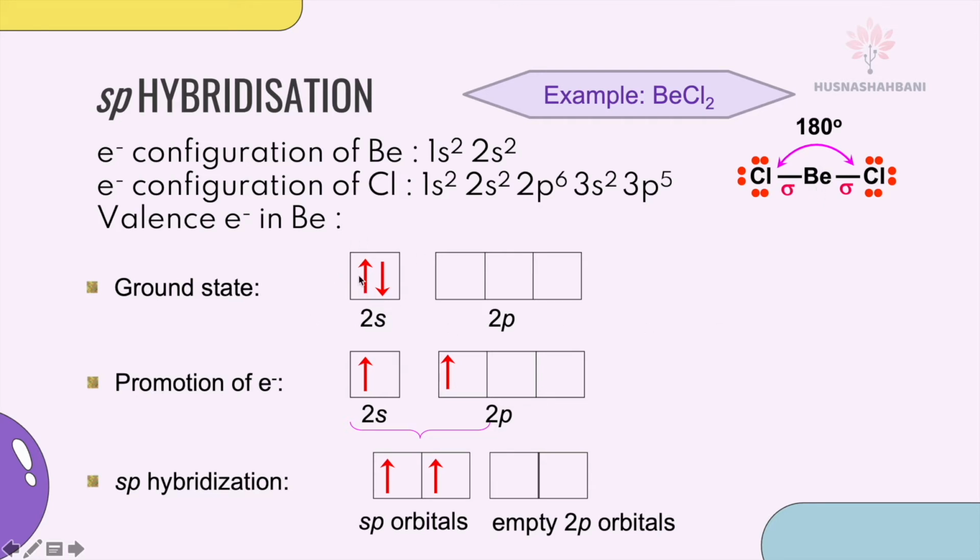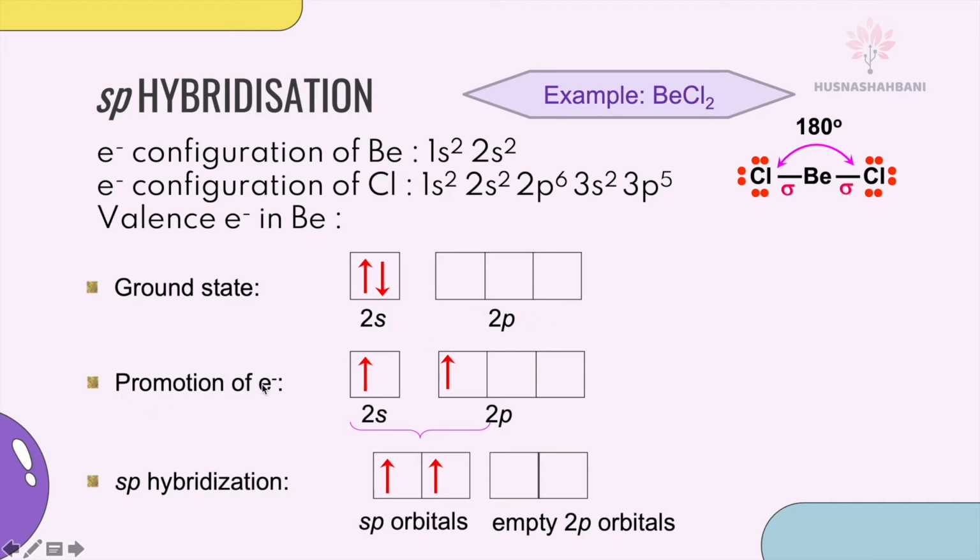In the ground state, the valence electrons of Be are 1 pair of electrons. These 2 electrons are in pair. But for the excited state, you have to look at how many bonds this Be has. This Be has 2 bonds, means it needs 2 unpaired electrons.